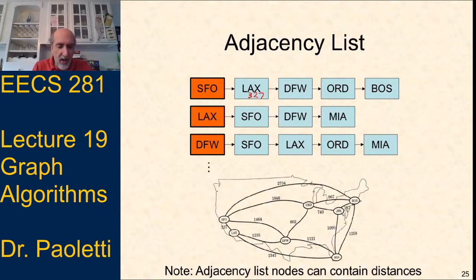So we could put a number in each of those boxes to say, hey, this is the cost, the distance, whatever it is associated with that connection from SFO to LAX. And then SFO to DFW would have a different value. I think it's 1464, etc. So we could go through the whole adjacency list and make it a distance list by putting a distance in each of those.